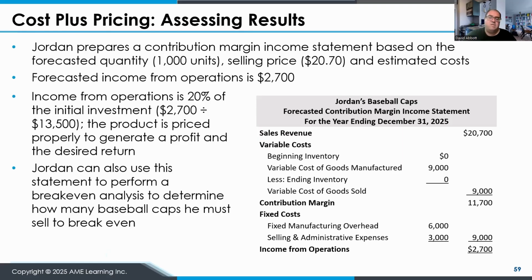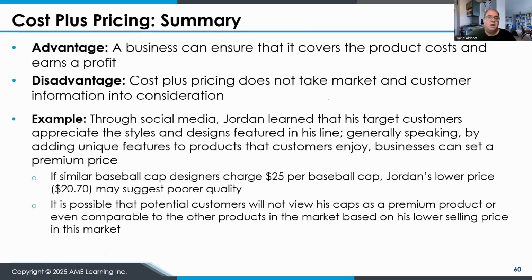Income from operations is 20% of the initial investment, so 2,700 divided by 13,500. The product is priced properly in order to generate a profit and the desired return that we're looking for. Jordan can also use his statement to perform a break-even analysis in order to determine how many caps he would have to sell in order to break even, which gives us a good idea there.